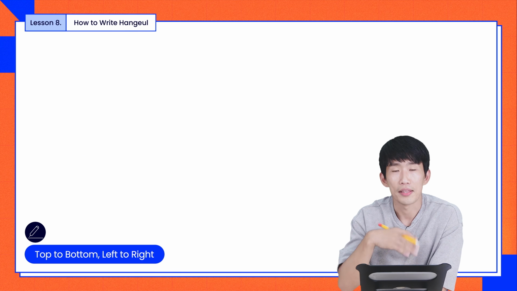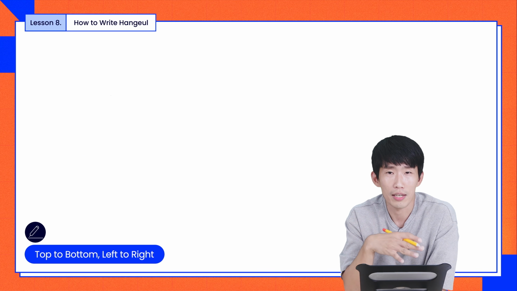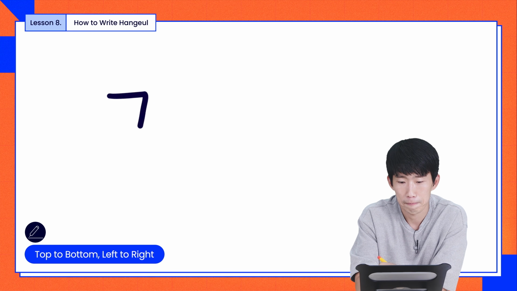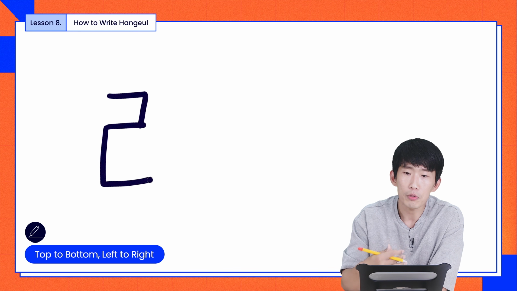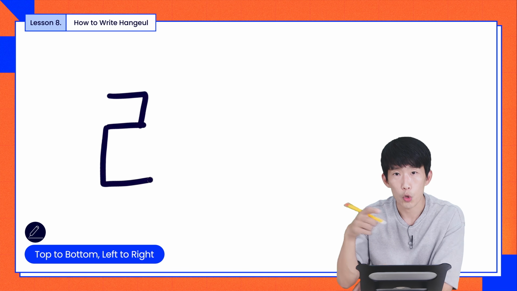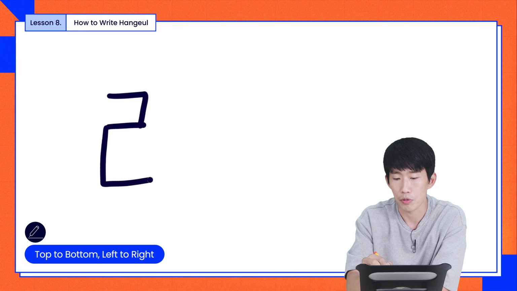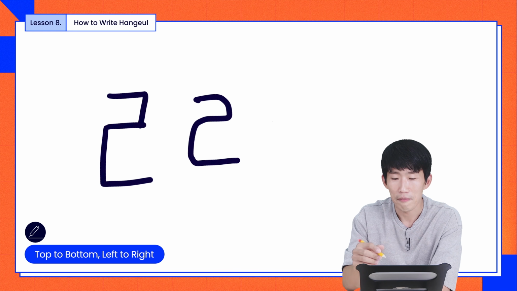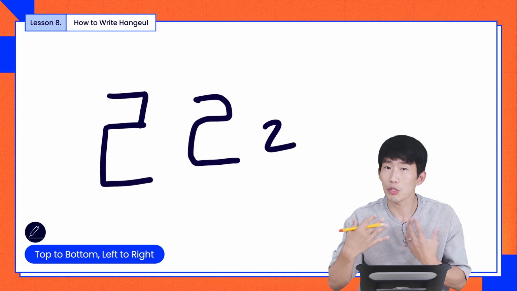And this time a standalone consonant which is not related to any other consonant in the Hangul system, which is 리을, you write it like this. Some people write it like that, which is the correct stroke order. Some people just write it like this, in a more curvy, more speedy fashion. Some people write it like that. So it doesn't really matter.